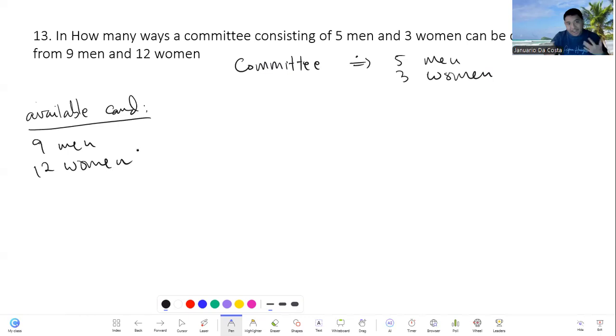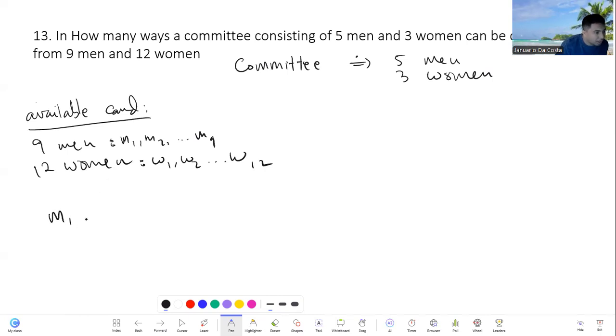Okay. And how many ways can you calculate that? Now, my first question is, let's say the 9 men are men 1, men 2, to men 9. These are women 1, women 2, to women 12, for example. For example, if you choose men 1, men 9, men 10, men 11, men 12, and women 4, women 6, and women 7.